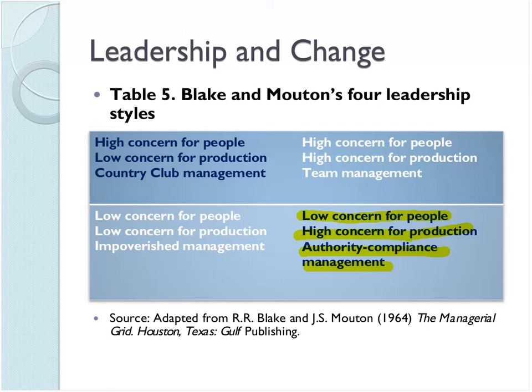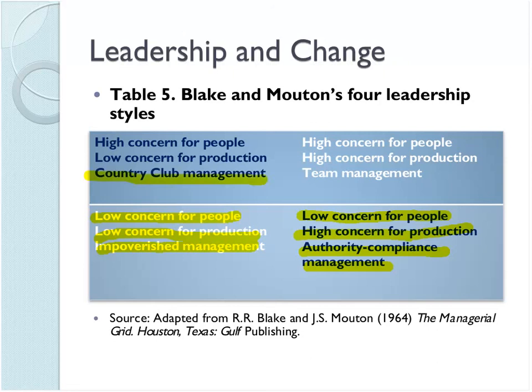Another one is impoverished management. These are leaders with low concern about production. This is very poor leadership. Actually, sometimes we cannot call them leaders, as they have very low concern about the people, the employees, the business, and its objectives.